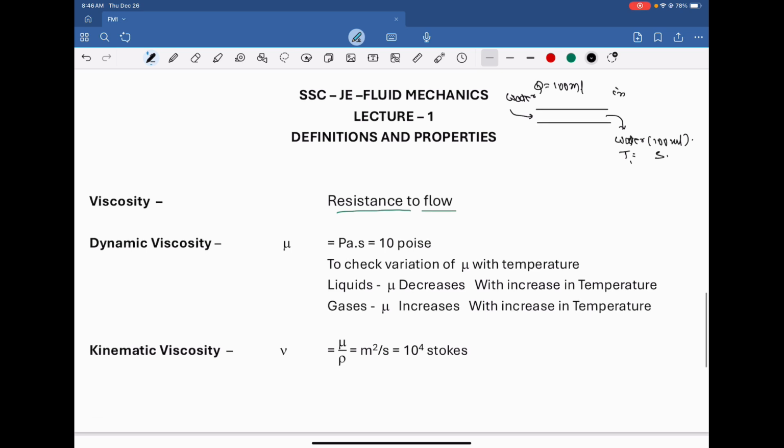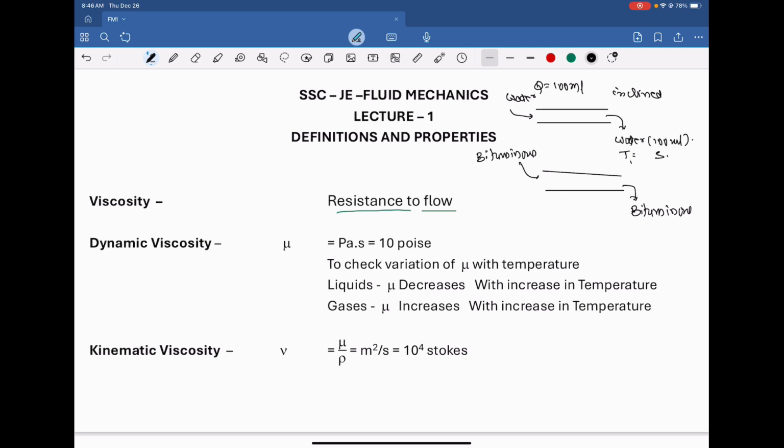Let it be inclined. Same inclined pipe, you pour bituminous, tar. You know tar, the black bituminous that is poured on the roads for making the roads.